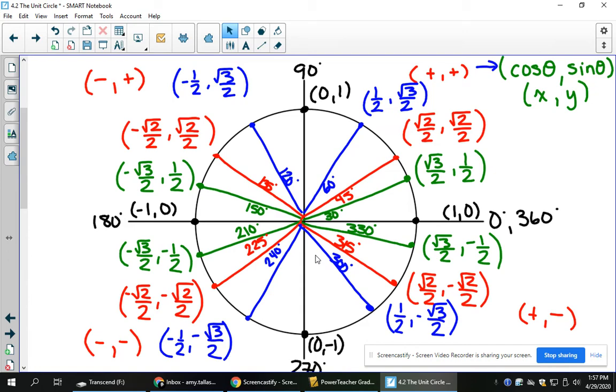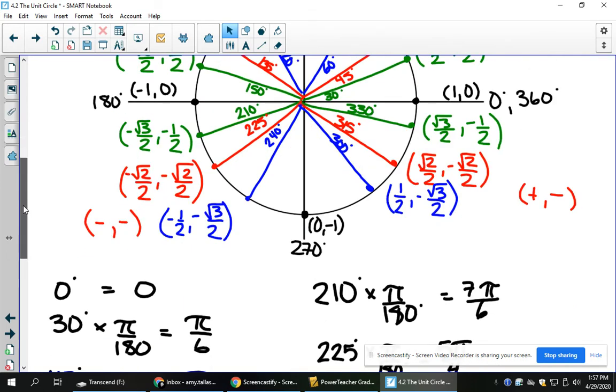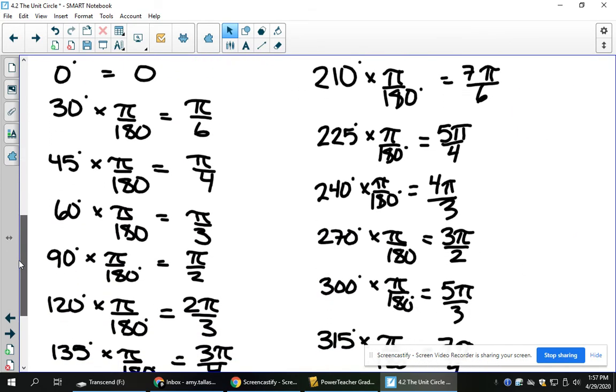And I have included all of the conversions below that we usually would go through in a lesson and do together, but you have already done that in lesson 1 and had lots of practice from the textbook. So make sure you're able to do that. And if not, you might want to practice some more with the unit circle and how they convert.